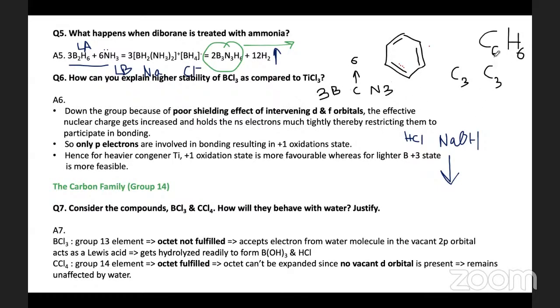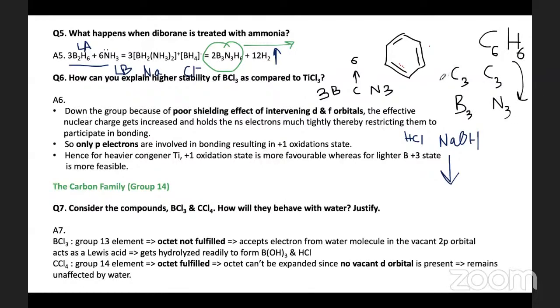That's why whenever we have C6, we divide it into C3 and C3, and now we are left with B3 and N3. And H6 is the same.